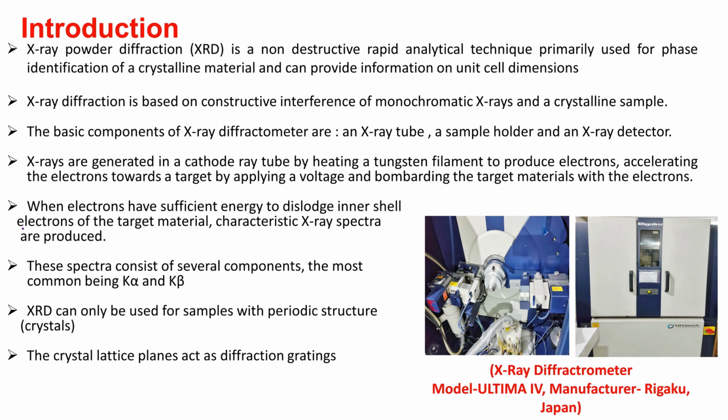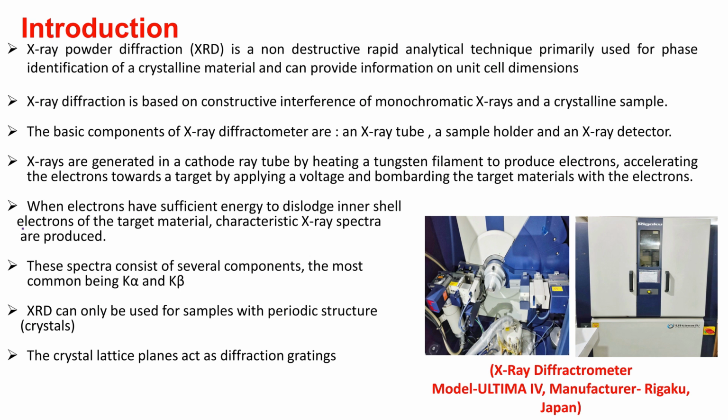When electrons have sufficient energy to dislodge inner shell electrons of the target material, characteristic X-ray spectra are produced. These spectra consist of several components, the most common being K alpha and K beta.